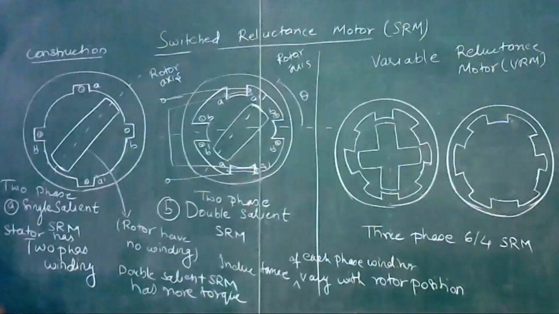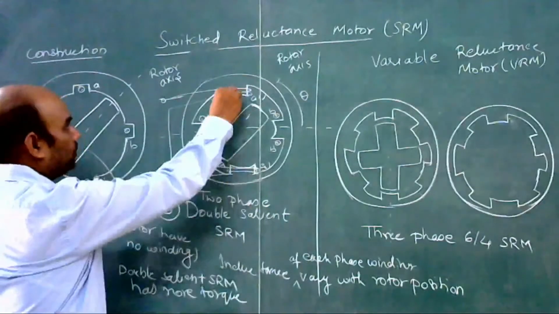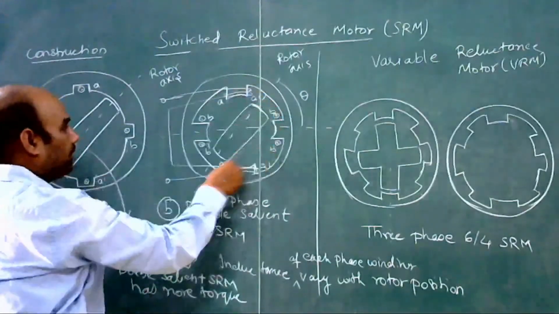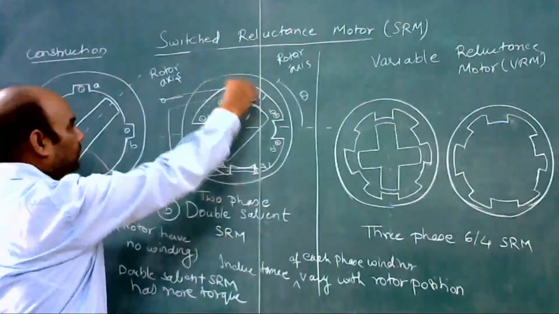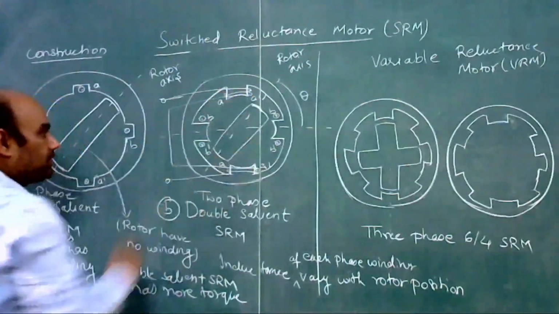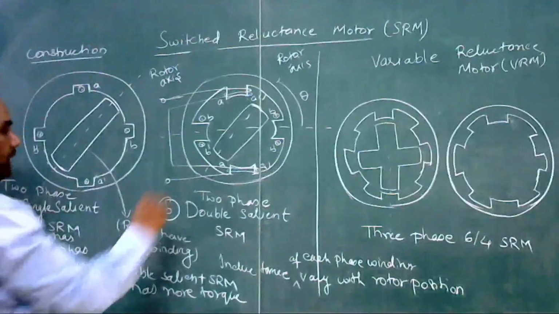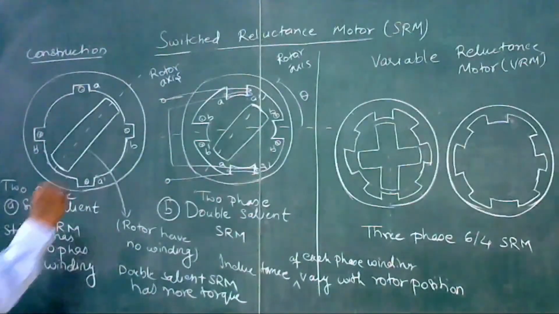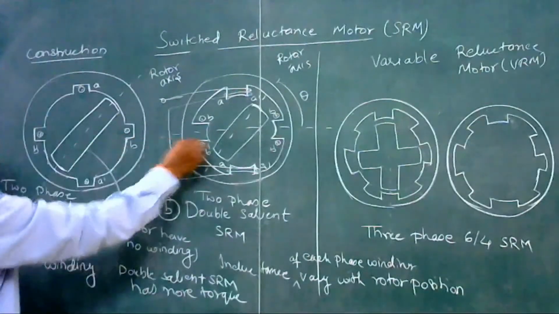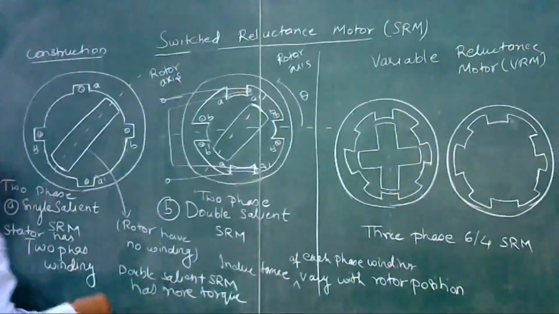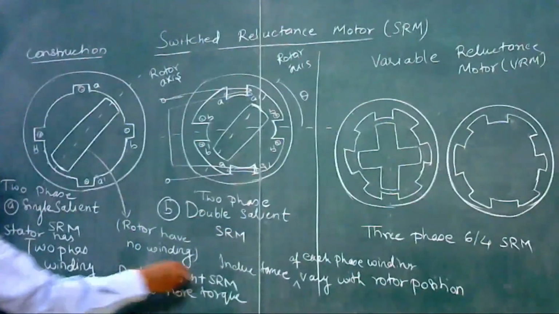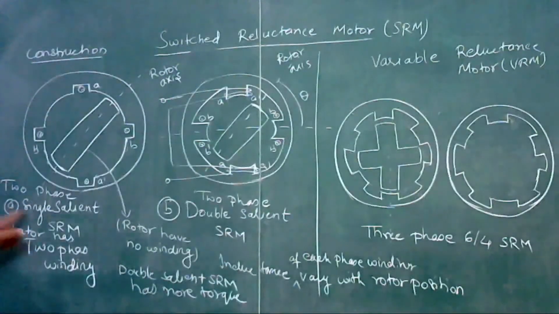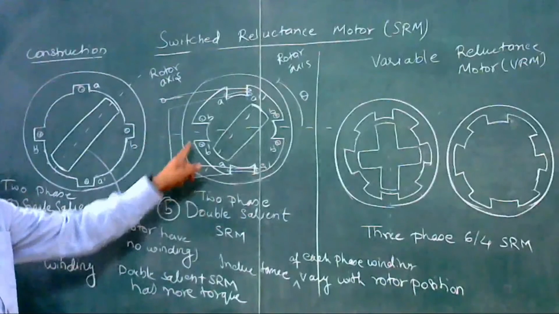This is the doubly salient one, with 4 salient poles and windings on these salient poles like this, and again the rotor has no windings. For the same frame, the doubly salient reluctance motor has more torque, so it is very commonly used.